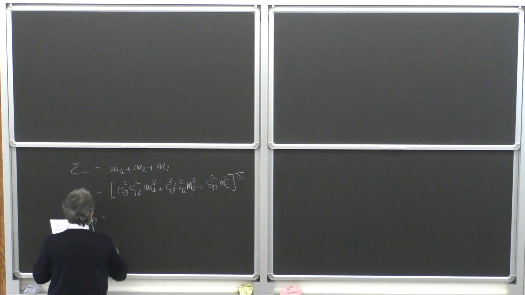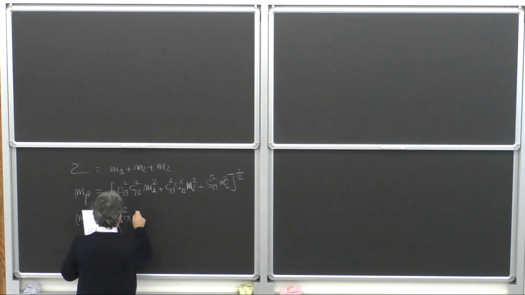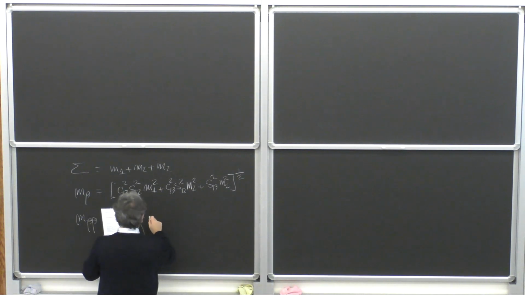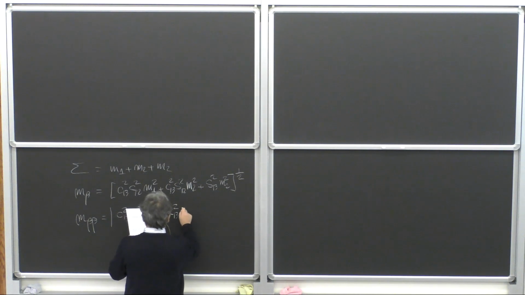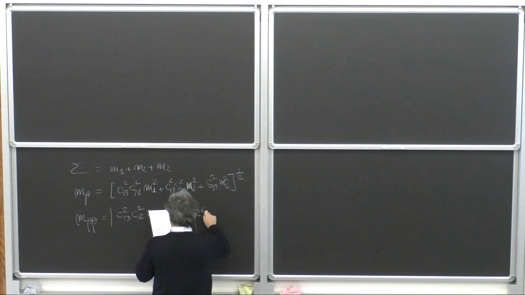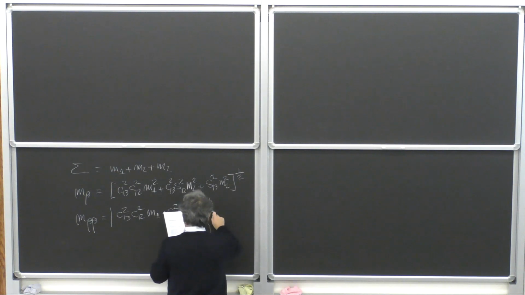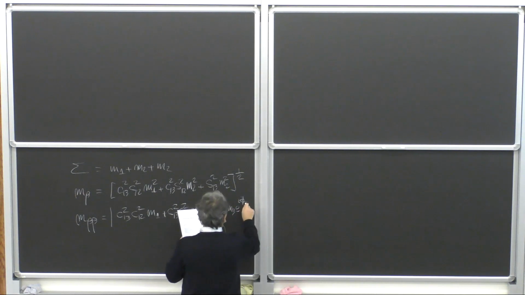M beta beta is the modulus of C13 squared, C12 squared, M1 plus C13 squared, S12 squared, M2 e to the i phi 2, plus S13 squared M3 e to the i phi, let's say phi 1, phi 2, or phi 2 and phi 3 in some notation, but it is not important.